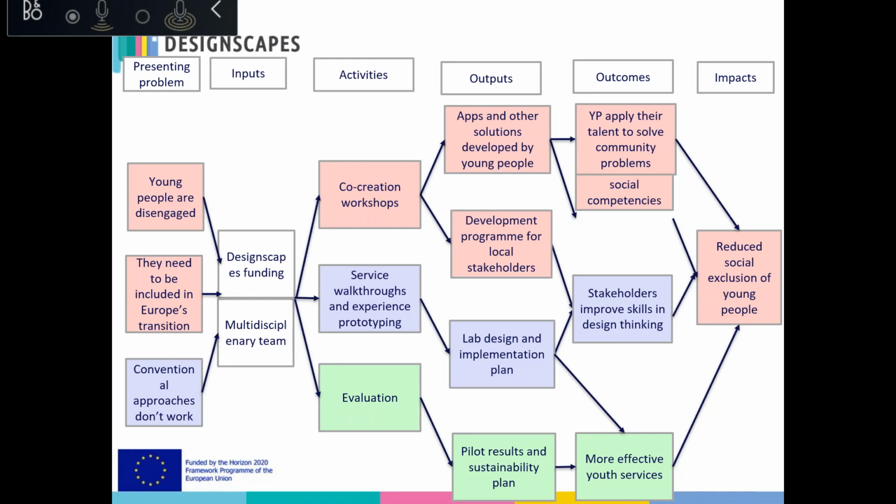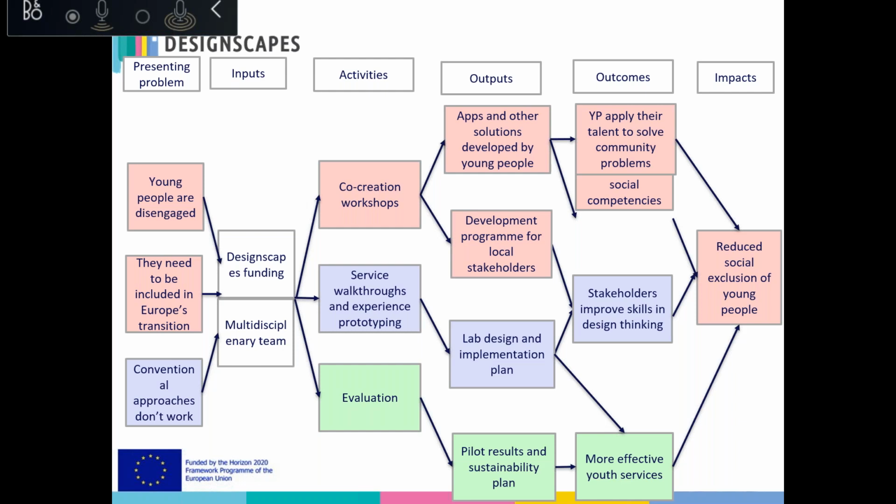So it's exactly the same content, but what this map does is it uses arrows, you see the blue arrows, in between the different theory of change categories to, if you want, tell the change story through the if-then statements by linking different elements of the presenting problems, inputs, activities, outputs, outcomes, and impacts. So one can read the change story. So the interesting thing about theory of change is whilst we're doing backward mapping, we're actually reading it from left to right once we've done it.